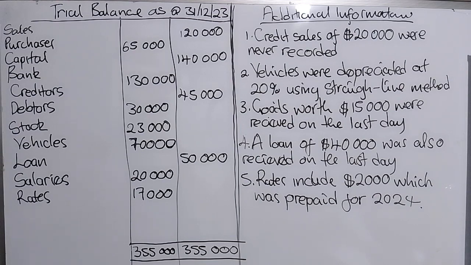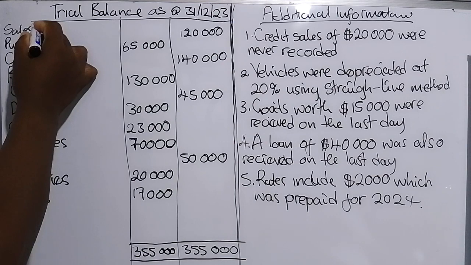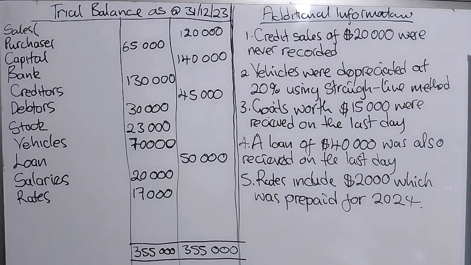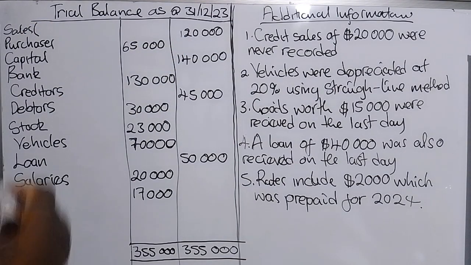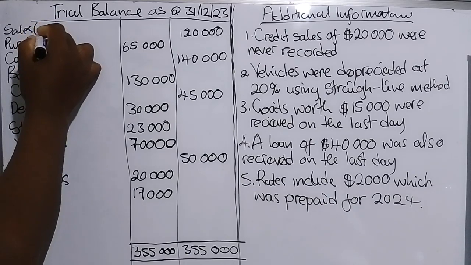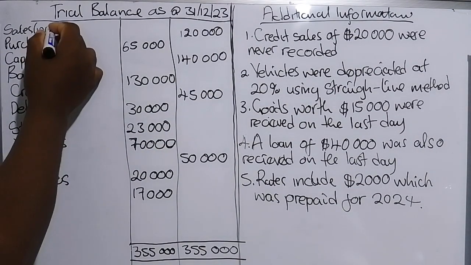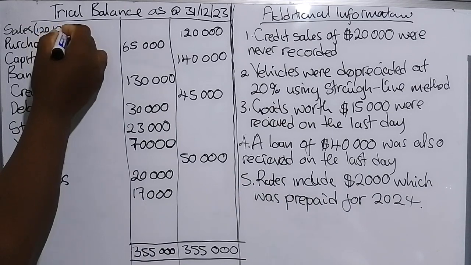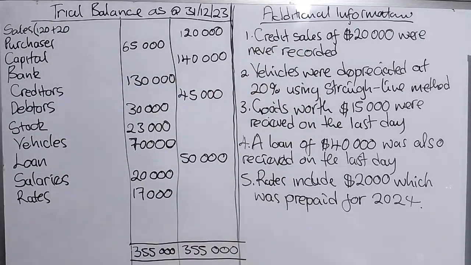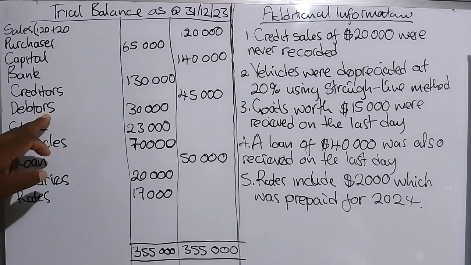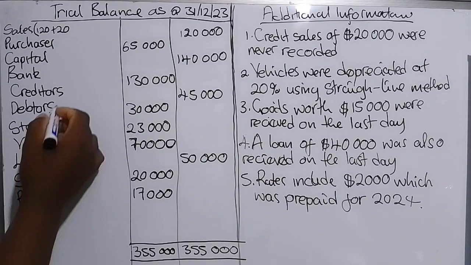So how were the sales affected? Let me open a bracket here. For sales we had 120,000, and those 120,000 were increased by 20,000 credit sales. Then another account affected is the debtors.